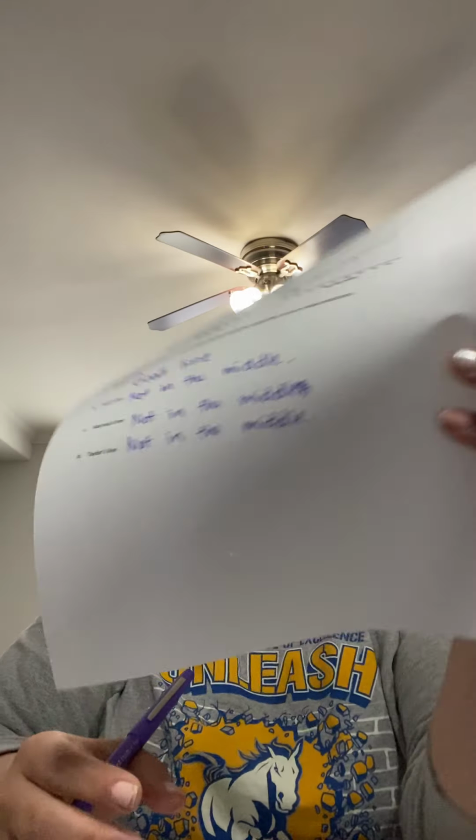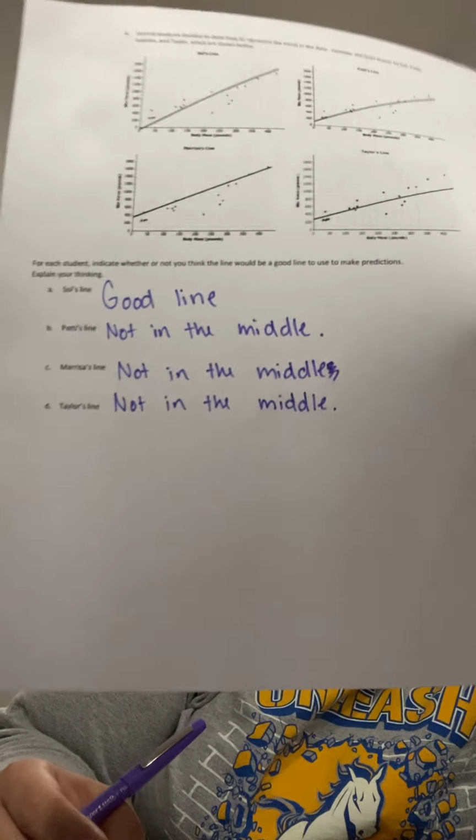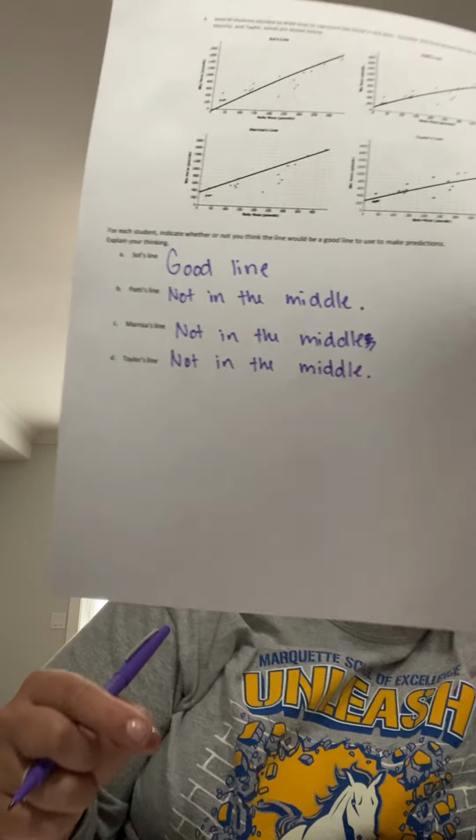And last person, Taylor. Taylor is closer, but I would say she's got too many up top. So not in the middle. And once again, it doesn't have to be exact. I didn't go through and actually count them, but I can see if there's 2 versus 15, obviously that's not going to be correct.